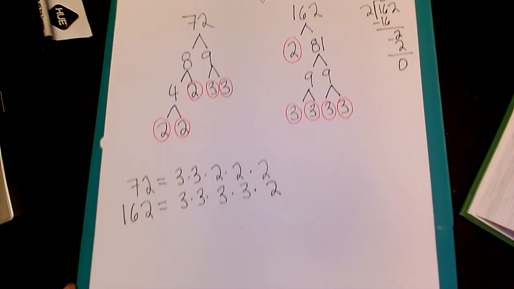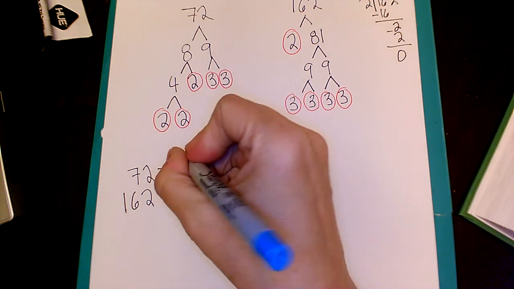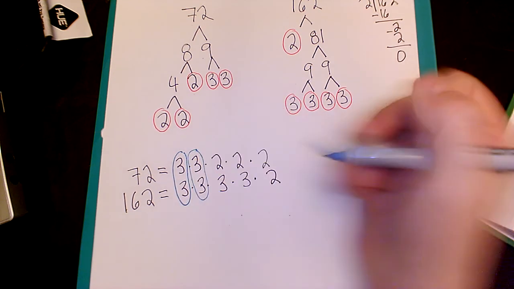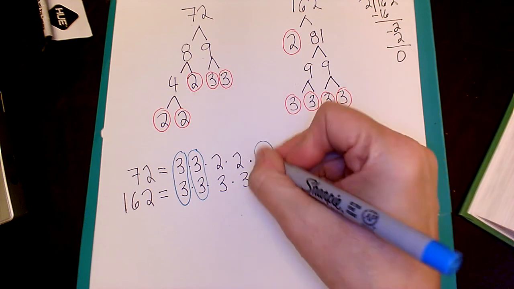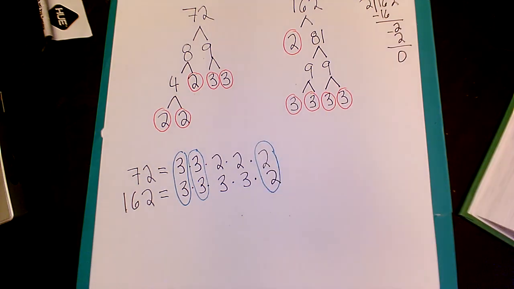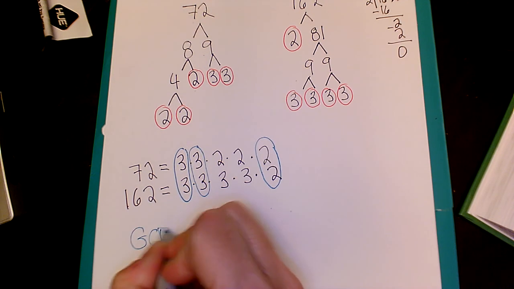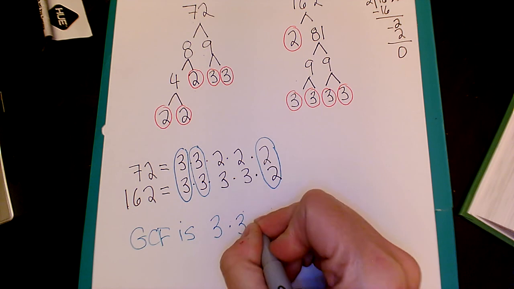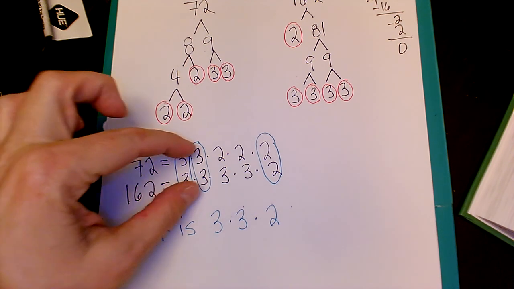Okay, so let's circle where they match up. Here 2 3s, here 2 3s. Here they do not match up. And then on the end they match up. Okay. So the GCF is 3 times 3 times 2. Again, I'm not taking the double 3s.